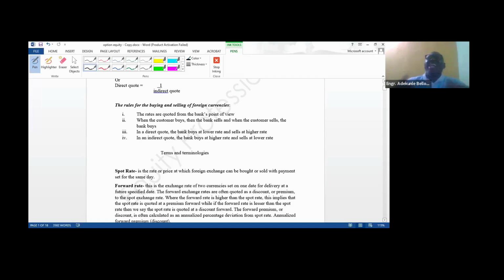And when the customer is willing to sell foreign currency, the bank will buy foreign currency. What that means is that there must be a buyer and seller. You must identify the buyer and the seller.